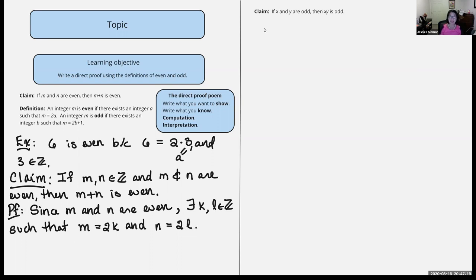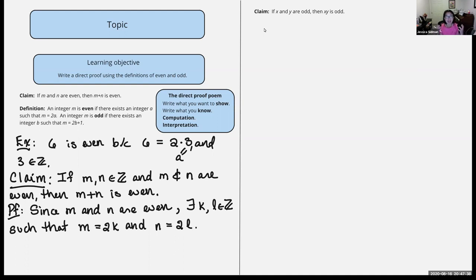Okay, so here I've used the definition of even integers to get myself 2 equations, okay? The equation M equals 2K and the equation N equals 2L. So now I've done the first 2 lines of my poem, all right? And now I'm in my computation phase.